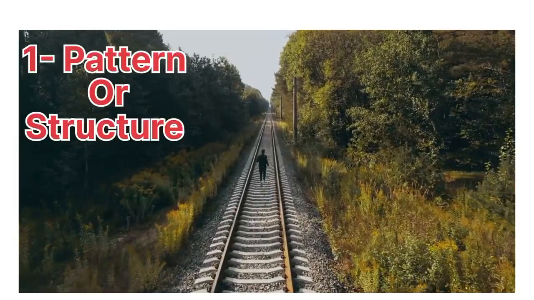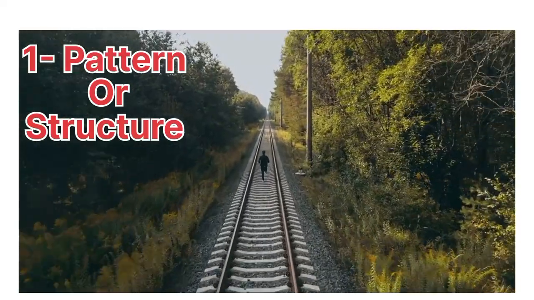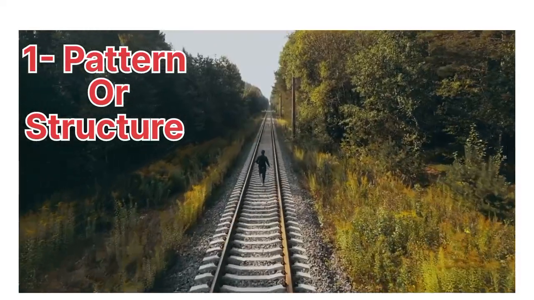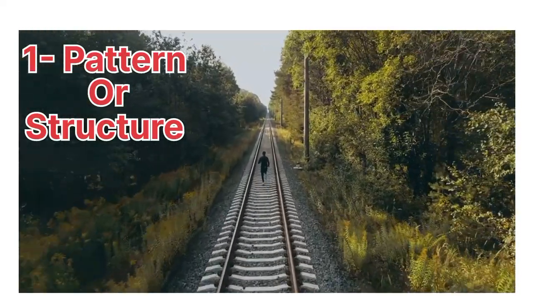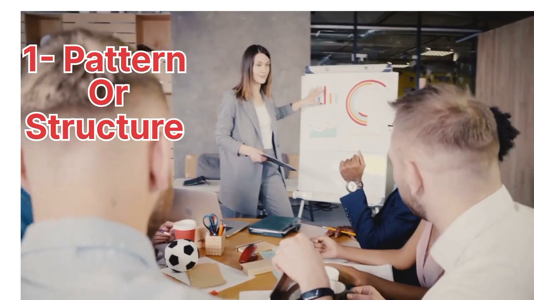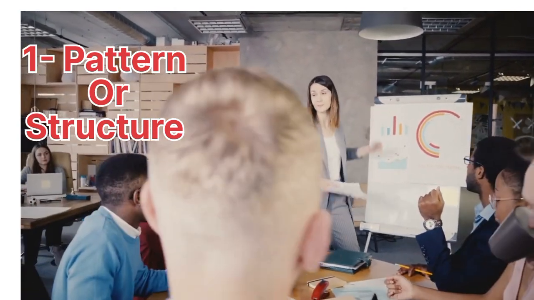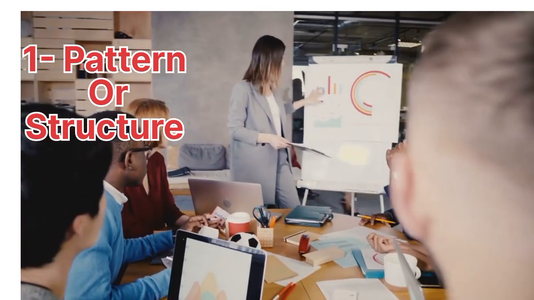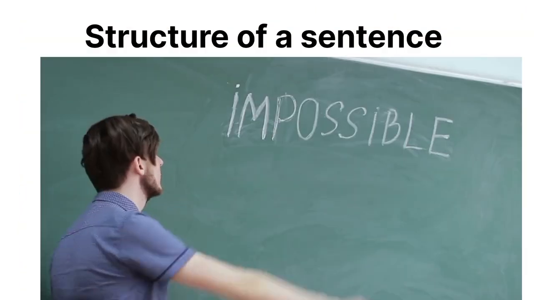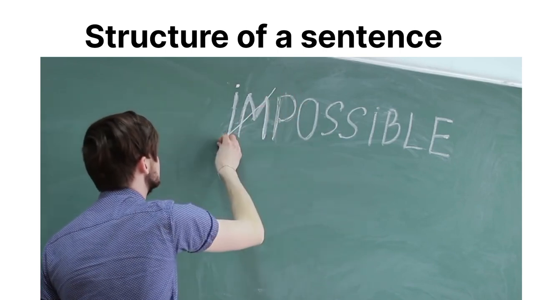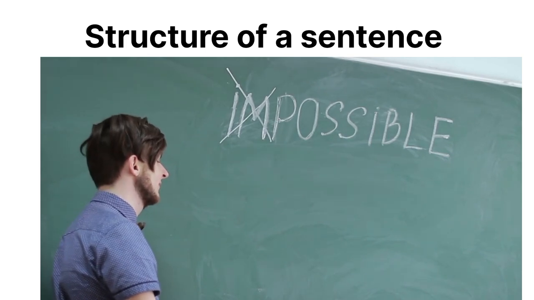Number one, if you want to speak English, you have to take a pattern, you have to take a structure. First of all, you have the structure in your mind. What I mean by the pattern or the structure is the structure of a sentence, something that you want to speak, a method by which you put things in order.